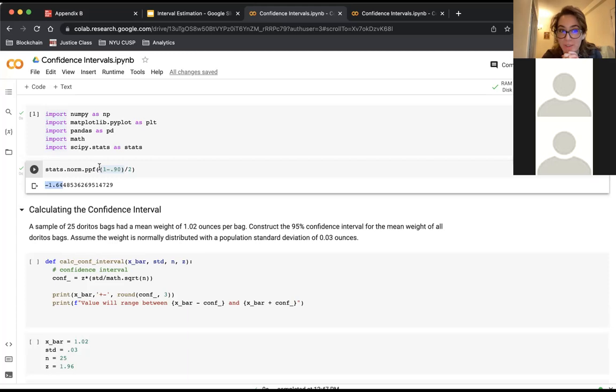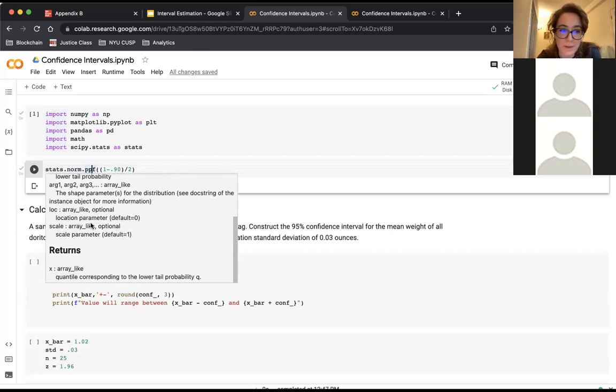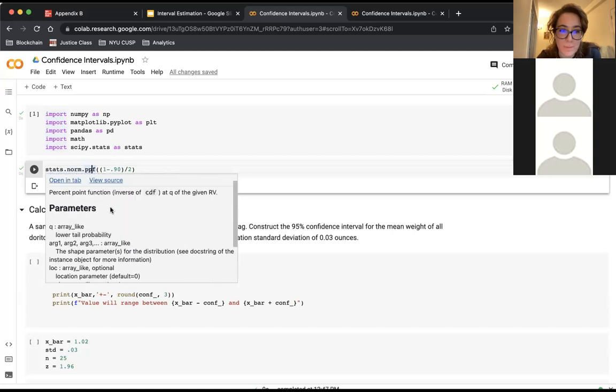And if we're just trying to say, how does this value relate to the mean, we're using the PPF. Let me get the actual word here. The percent point function. Okay, sounds good. Thank you.